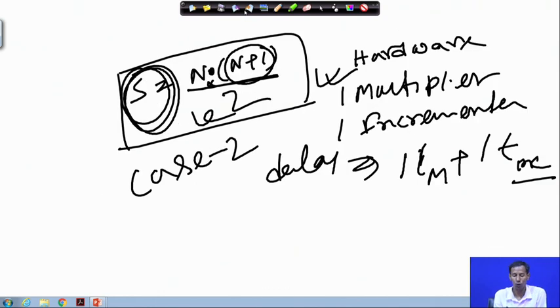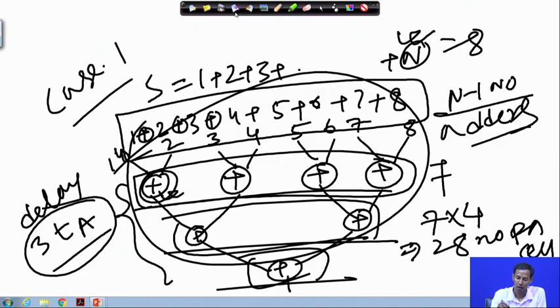So, what are these 2 cases? Here, what am I doing? I am calculating the values simultaneously or parallelly. Okay. So, that means I am putting all these values parallelly to this particular circuit, and then I am getting the corresponding output.